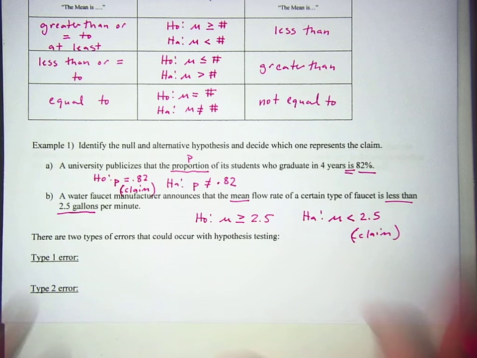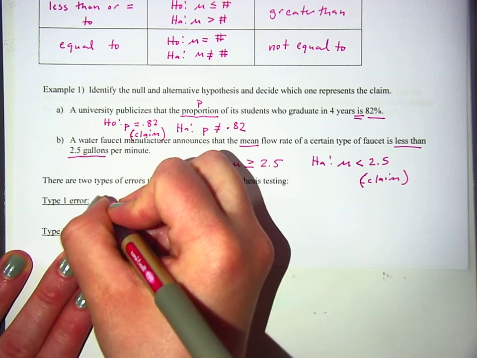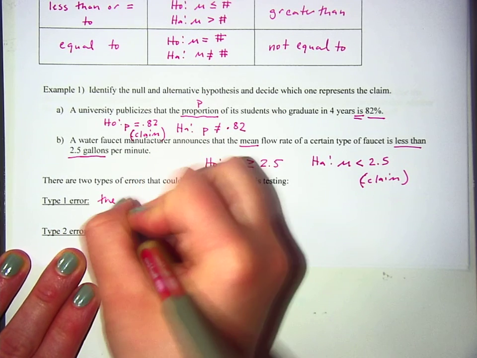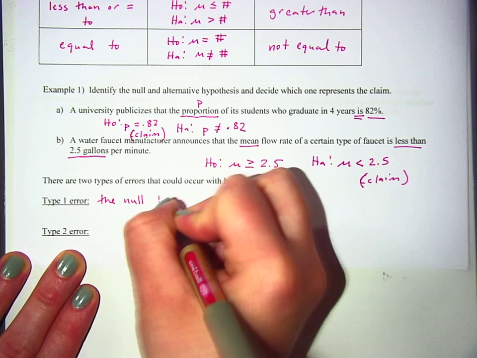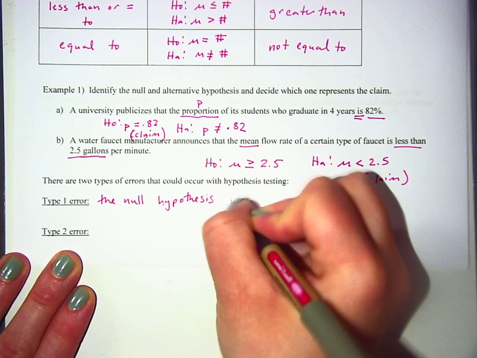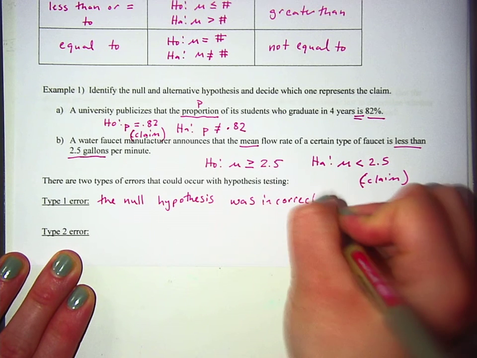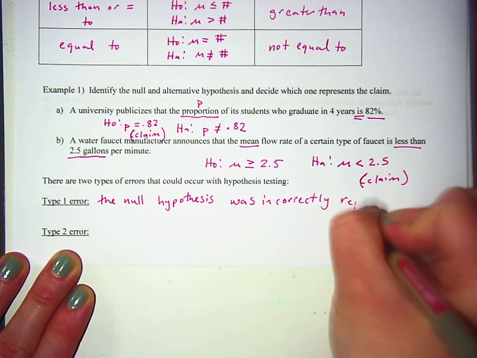Okay. So there are 2 types of errors you could make when you're hypothesis testing. One is that the null hypothesis, which is the one we're always going to be trying to prove right or wrong, was incorrectly rejected.